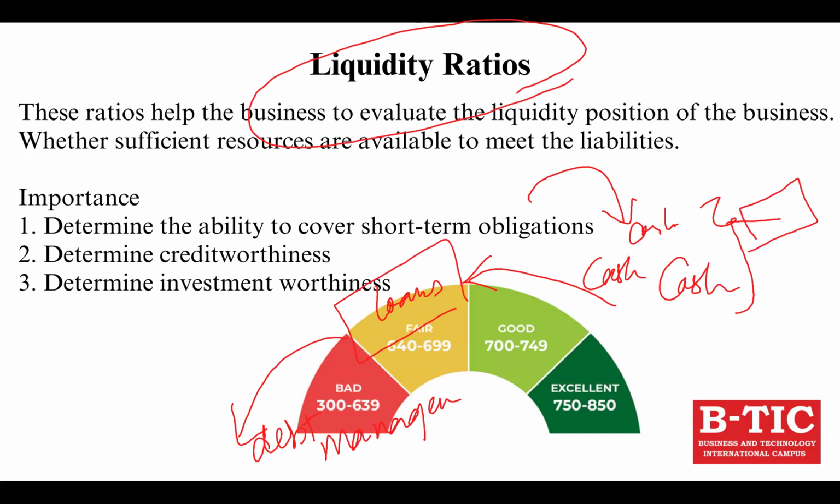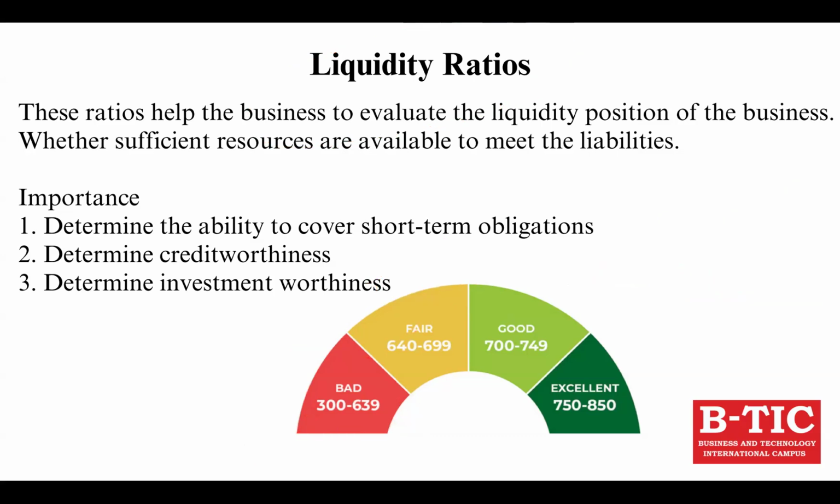So the importance of liquidity ratios is that they determine the ability to cover short-term obligations, and also they determine the credit worthiness, and also the investment worthiness. Now, what does this mean? First, let's look into the first one, which is determining the ability to cover short-term obligations.